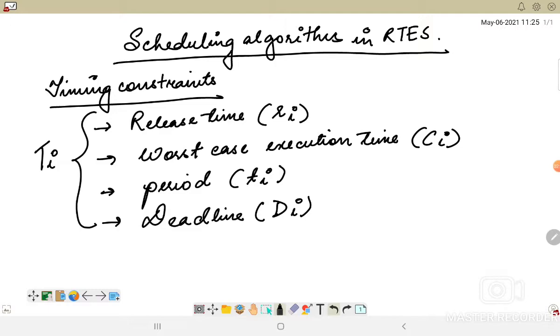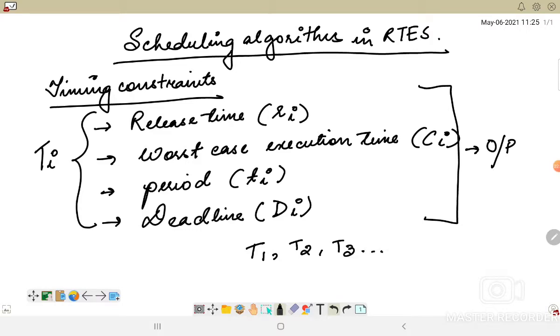So real-time embedded systems have these constraints linked to the output of the system. And these scheduling algorithms are used to determine which task is going to execute when more than one task is available in the ready queue. So suppose we have multiple tasks T1, T2, T3, and so on.